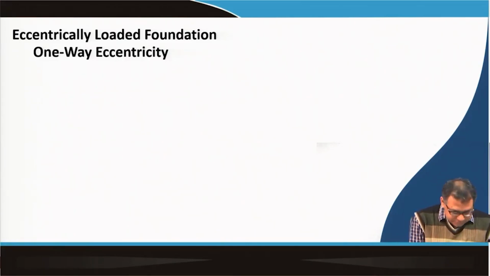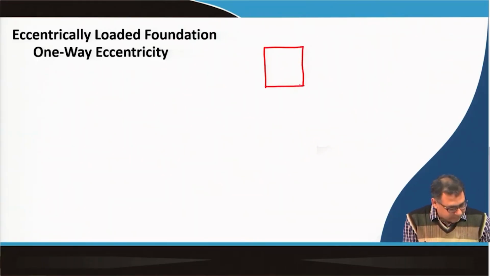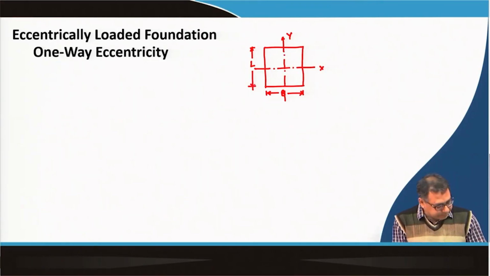Now, for one way eccentricity, suppose in the general case this is my foundation, and this is x or the width direction, and this is say y direction or the length direction of the foundation.